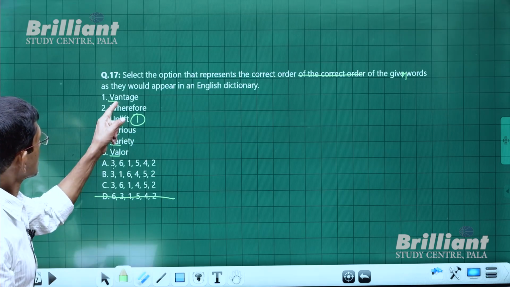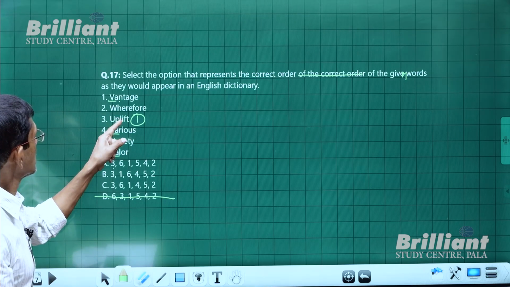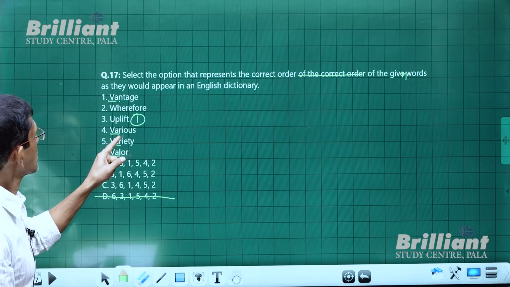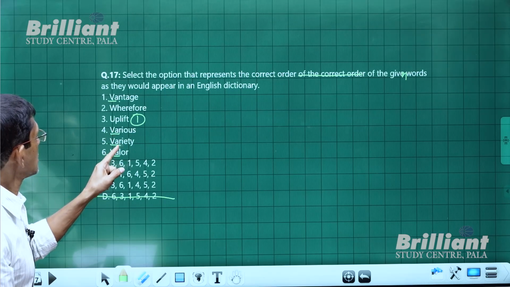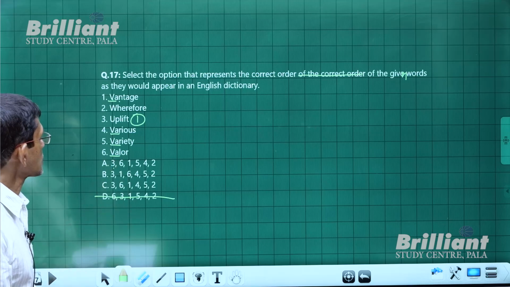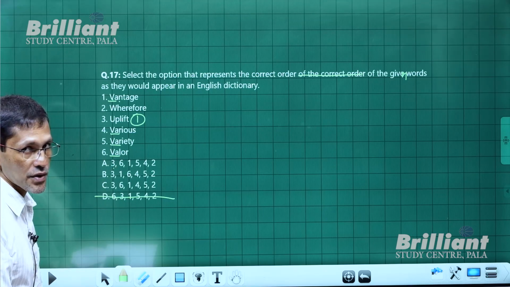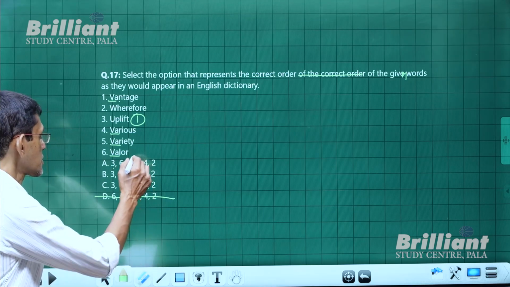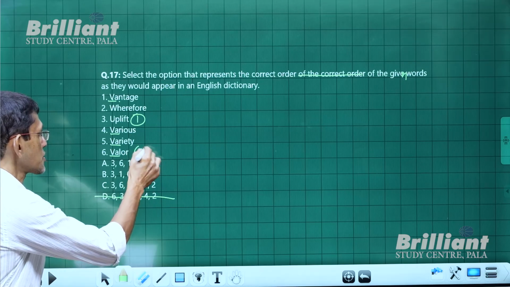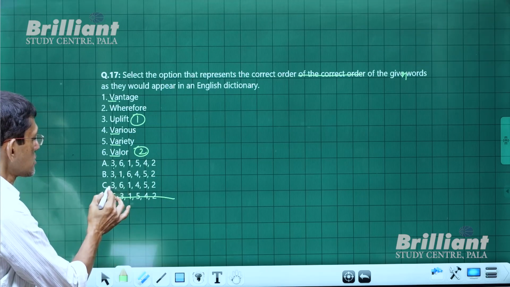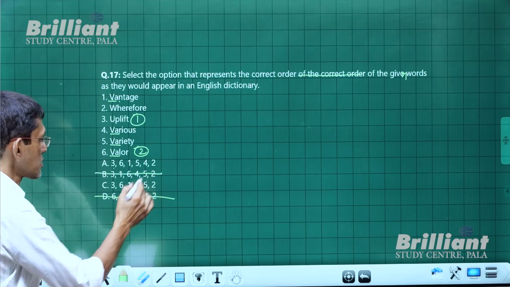Then look at the third letter: here it's N, here R, here R, here L. So valor is the second word. How many answer choices have 3, 6? C and A, so B cannot be the answer.